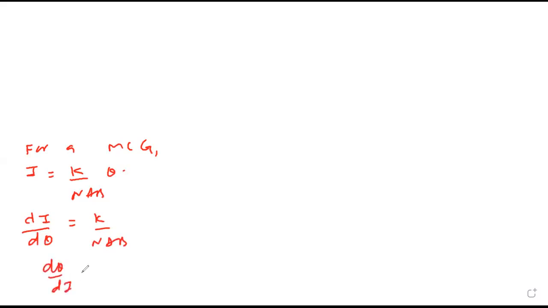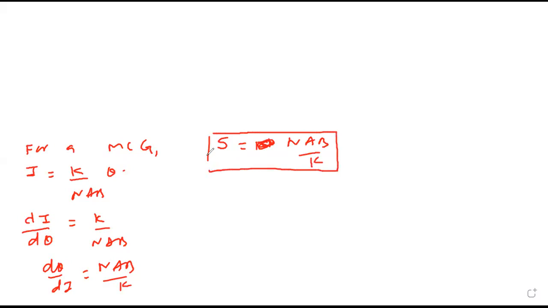So d theta upon di is NAB upon K. That means sensitivity is NAB upon K. This is actually current sensitivity.